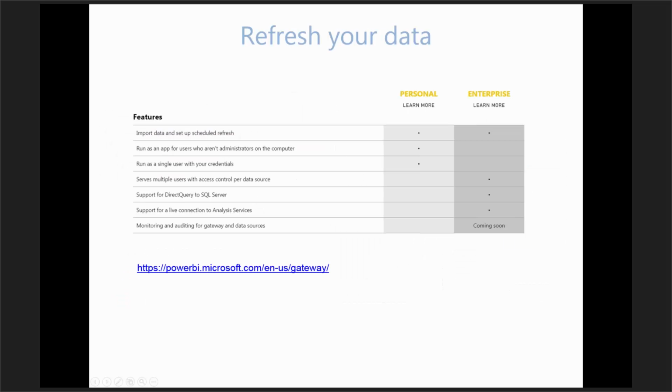So actually there are two ways, two versions of a gateway. So point number one, if you want to update data manually, then you must be on a pro version. Otherwise, you can't do it. And the personal edition is when you install it for yourself on your computer, and the sources are from your computer, more or less.